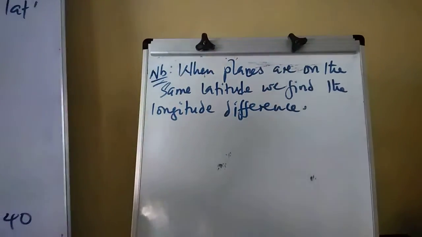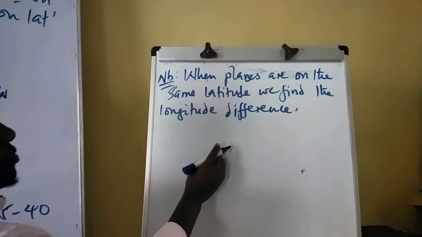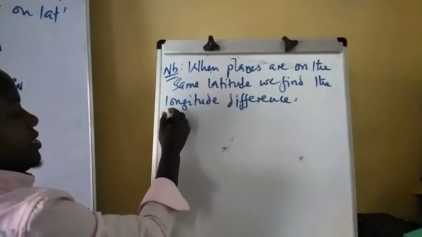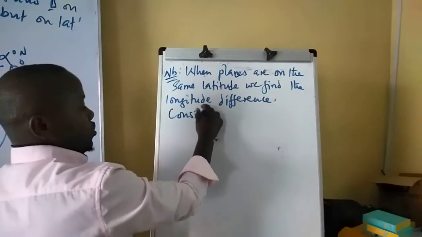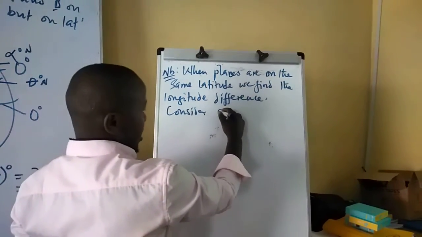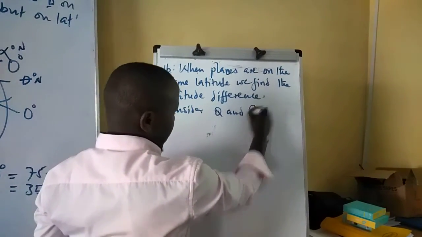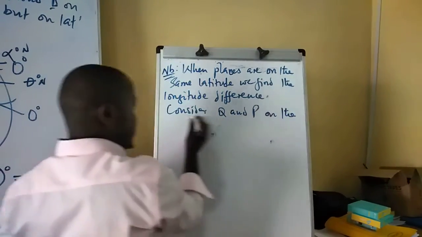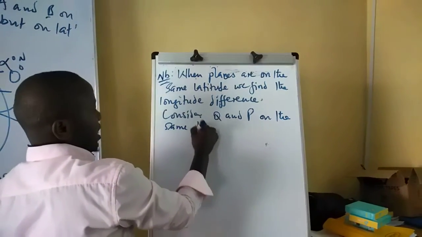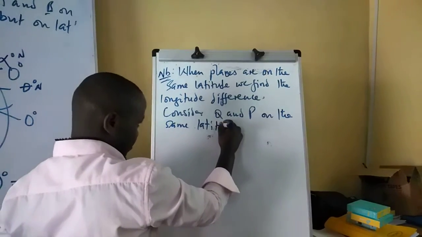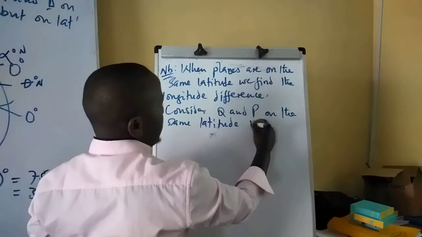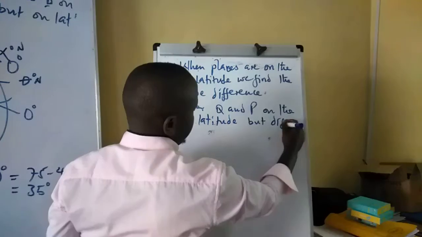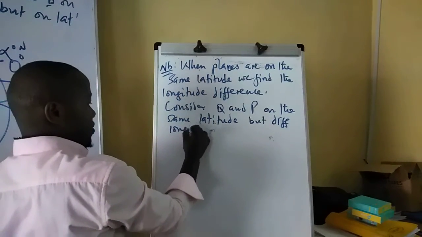The longitude difference, for example, take, or we consider P and Q, or Q and P, on the same latitude but different longitudes.